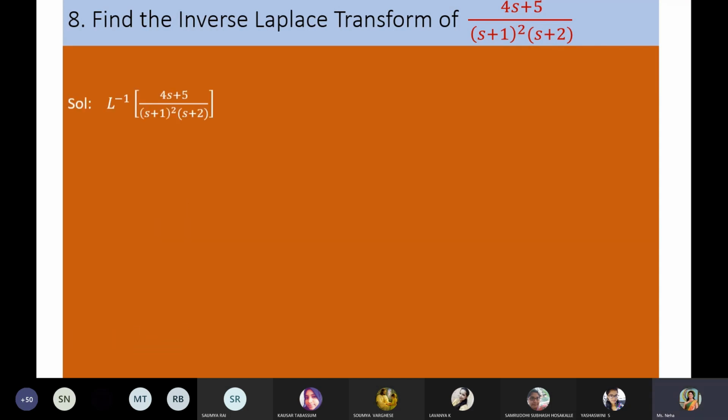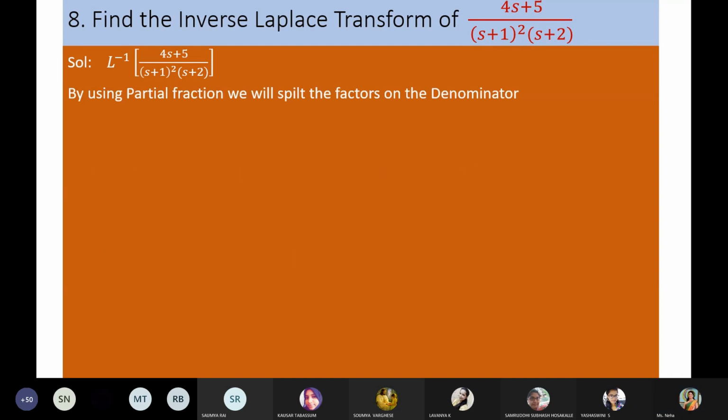Okay, so again we are going to apply the partial fraction. Tell me how to write the partial fraction for this. A divided by s plus 1, then b divided by s plus 1 whole square, and c divided by s plus 2.